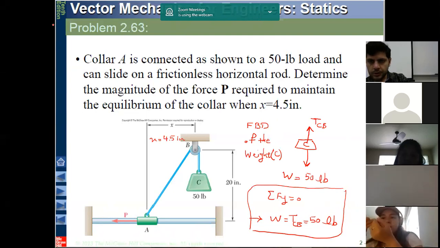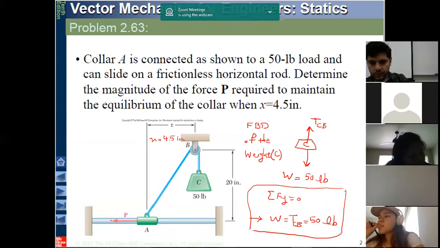So here you need to determine force P. So you need another free body diagram. We have two objects here, two main objects. One is this weight that would give you the tension in the cable, and the other free body diagram is representing this collar with the forces acting on it.